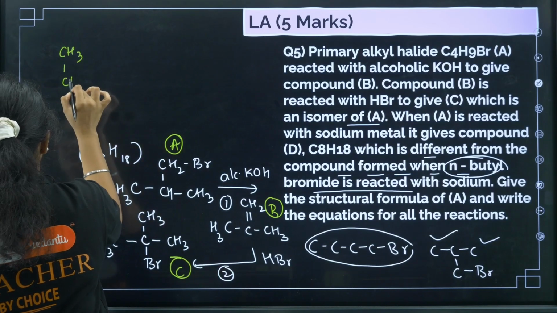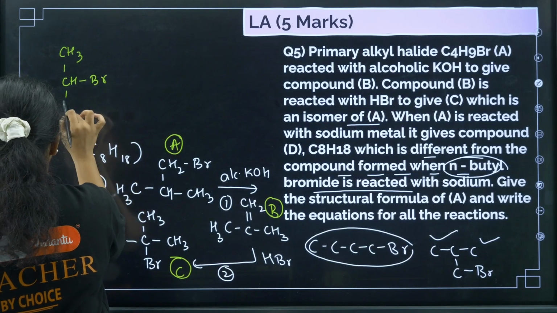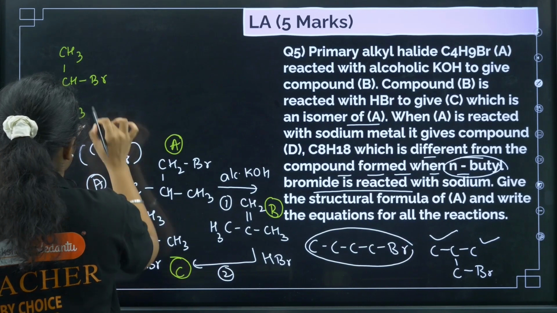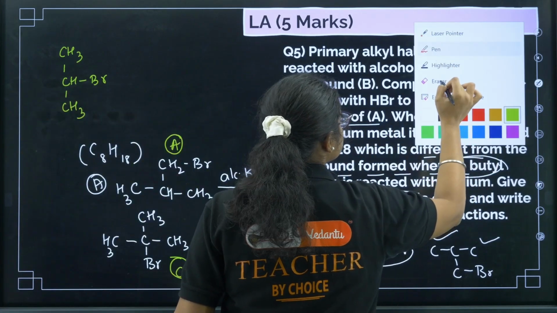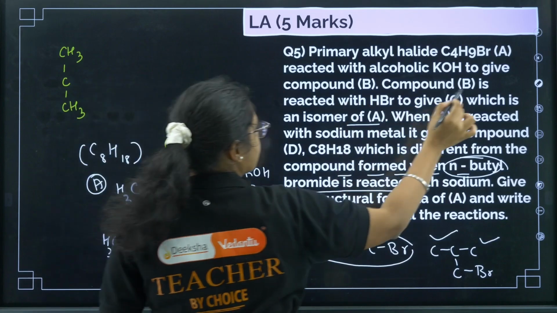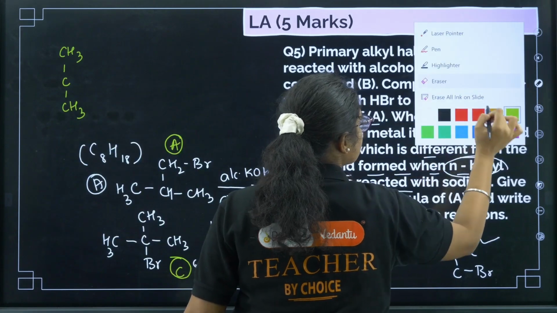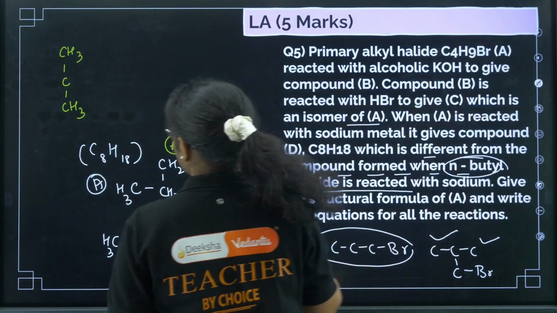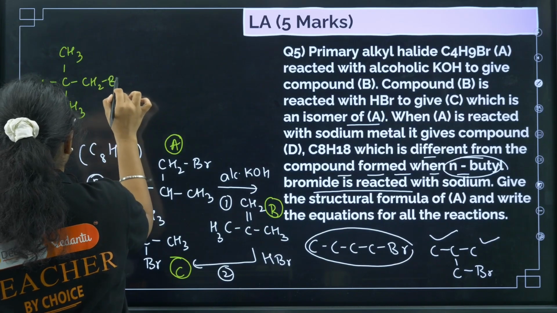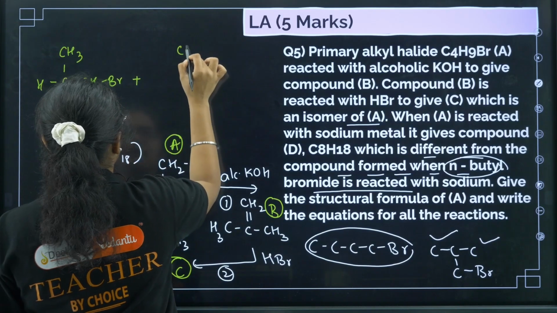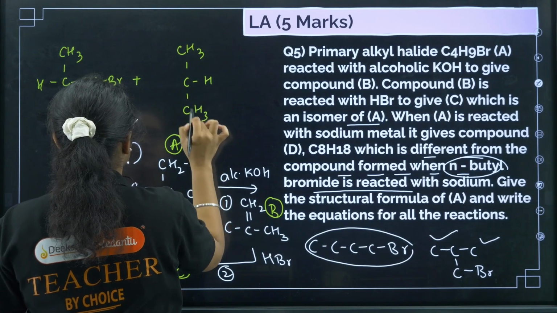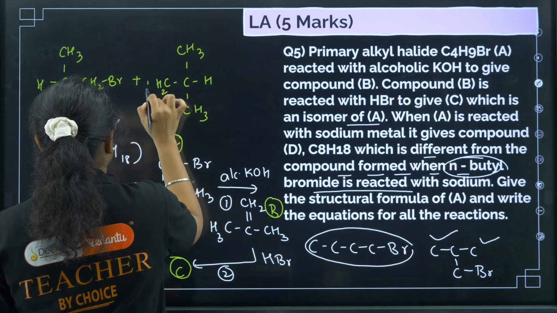CH3 CH2Br, sorry, not CHBr, CH2Br, because it is a primary group, right? Okay, so on this side H and here it is CH2Br, plus the same compound can react again, CH3CHCH3 and CH2Br, right?